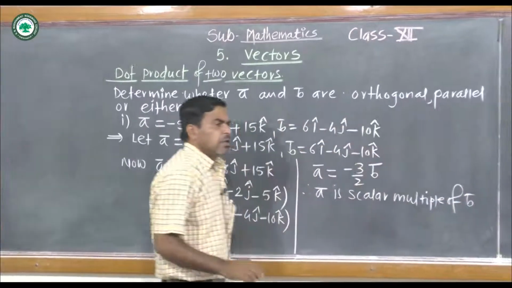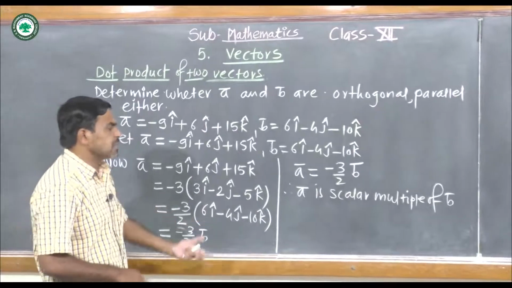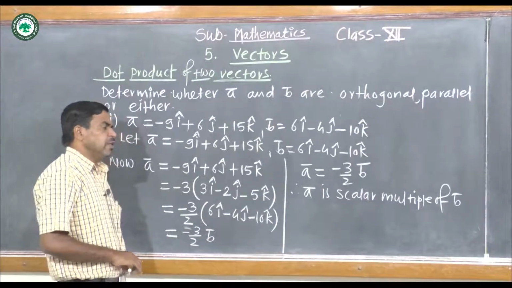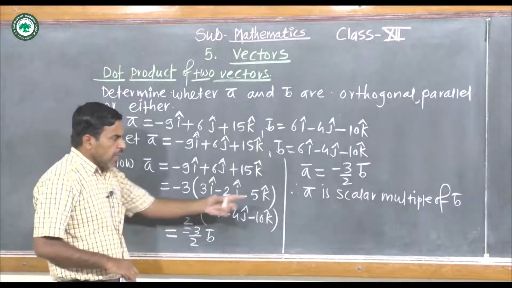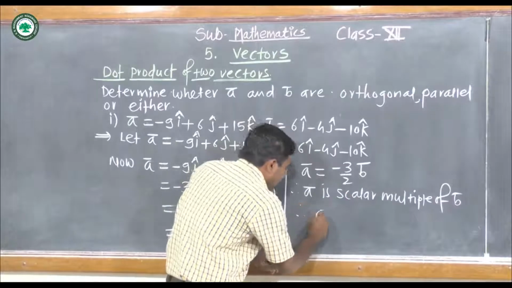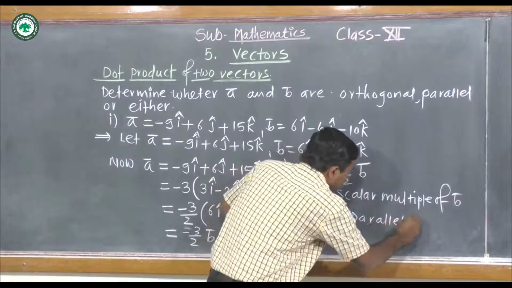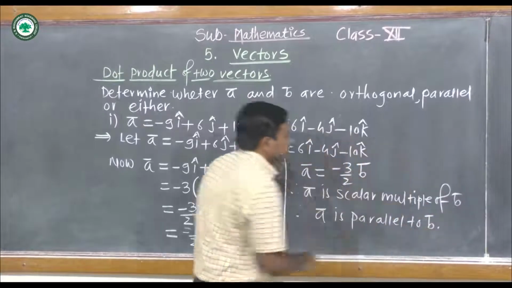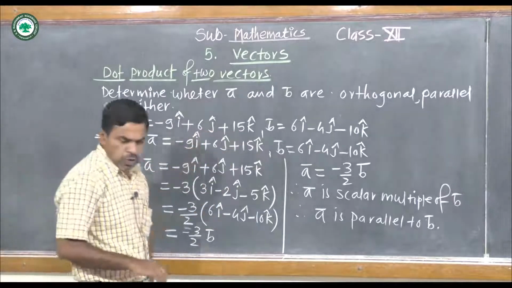And we know that in the definition of collinear vectors, if one vector is the scalar multiple of the other, then these two vectors are collinear, meaning they are parallel. So in the first sub-question, A bar is parallel to B bar.